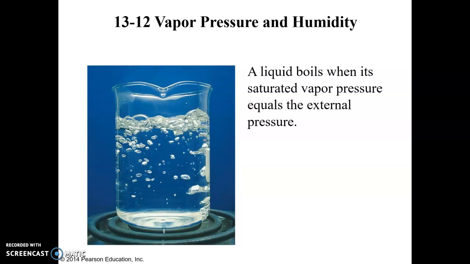And essentially what's happening is when the saturated vapor pressure equals the external pressure, so the pressure we have pushing down on this container from the atmosphere. When the pressure just above that gets high enough to push back and equalize it, that's when the water begins to boil. So the temperature goes up, the pressure goes up.